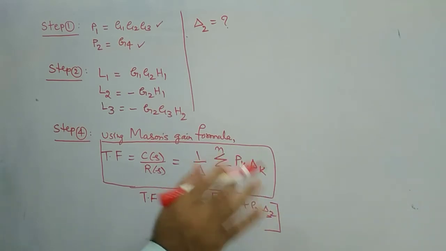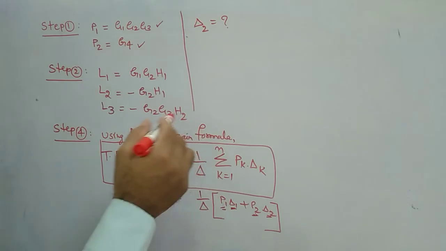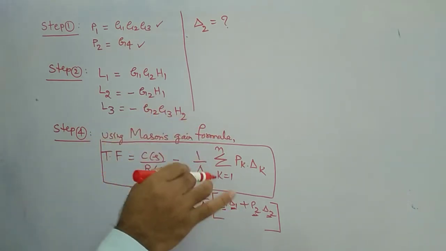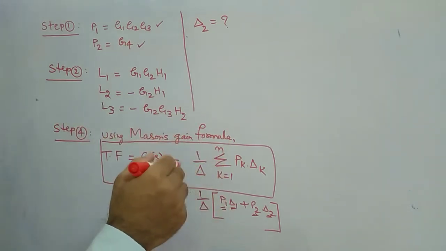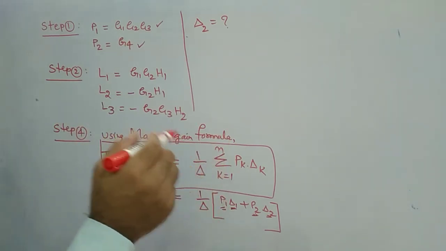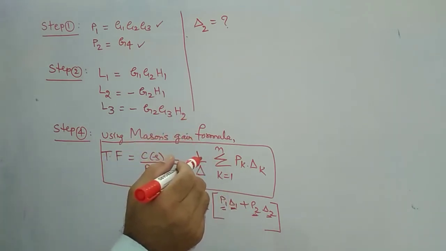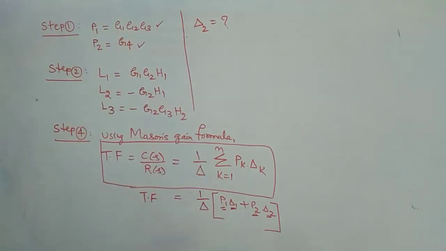But carefully see that for this P2, L1, L2, L3 are not touching, meaning they are non-touching loops with respect to P2. Then what should we do? In this case, what is the delta 2 value?